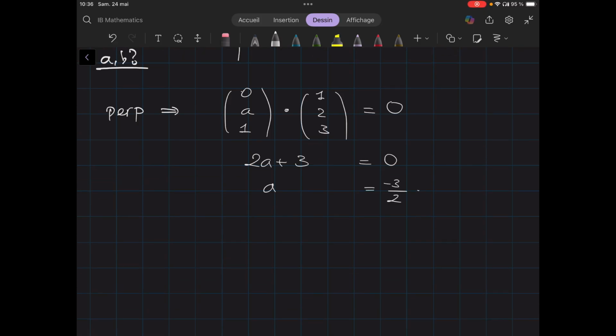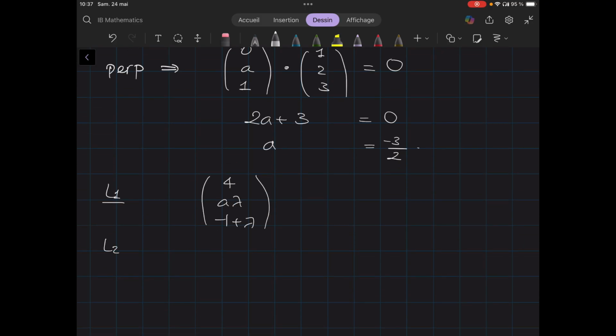To do that, we'll just write out the most general form of any point on the line. So any point on the line L1 will have the coordinates 4, A lambda, and -1 plus lambda.